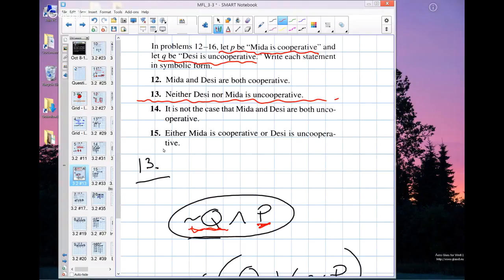So that's kind of a crazy one. It's all based on this beginning point up here in the directions. And it's a little negative. Anyway, we've got to get used to that. Neither DESI nor MITA is uncooperative. Why don't you just say they were both cooperative? But that's the way the English language is.